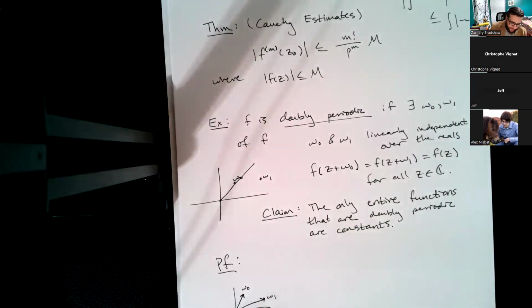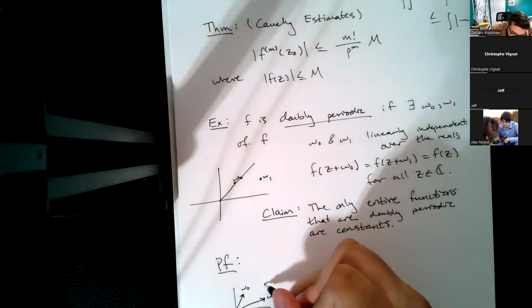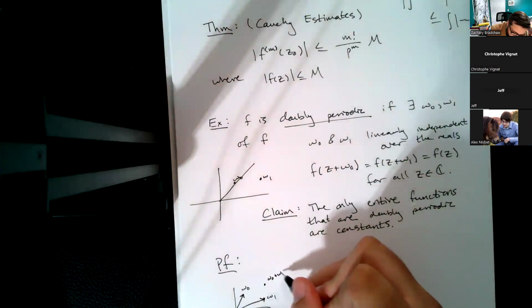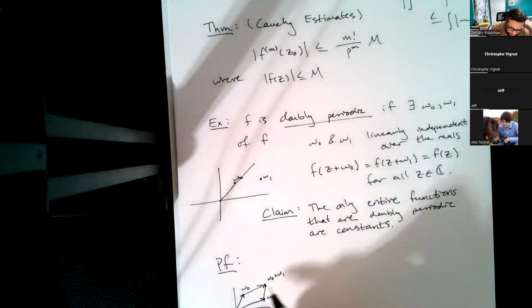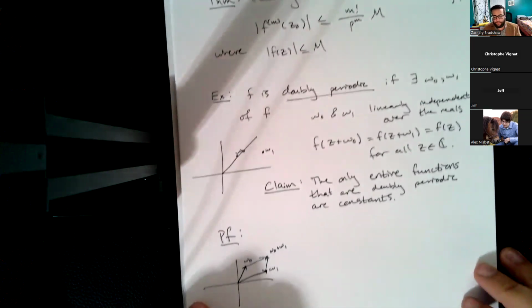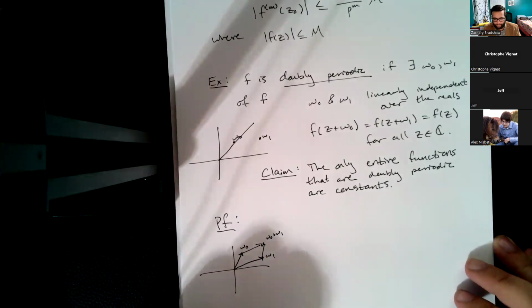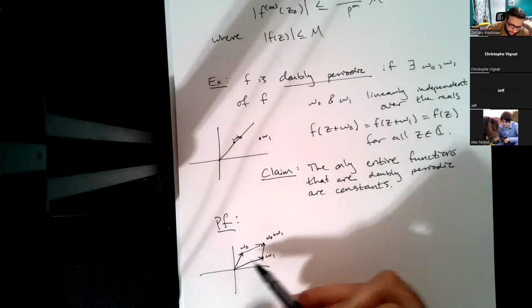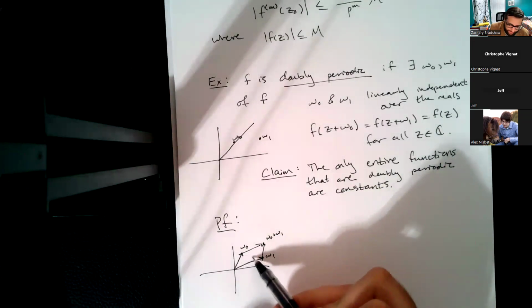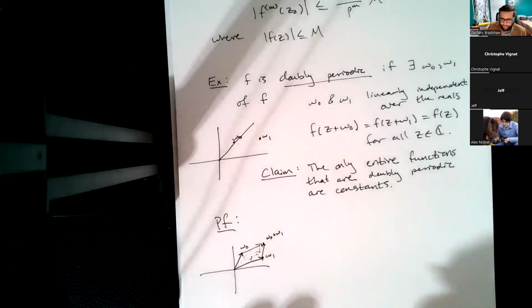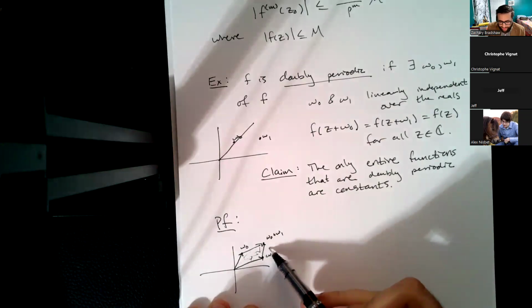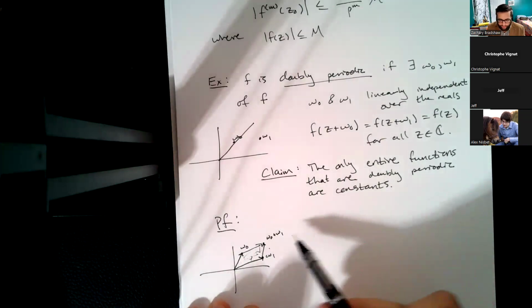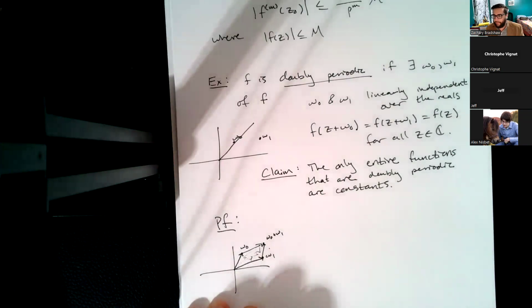And another point here, w0 plus w1, and we trace out this parallelogram. And the value of the function in this parallelogram, well, these are the only values that the function will attain, because when you move outside the parallelogram, the function just repeats somewhere else in here.